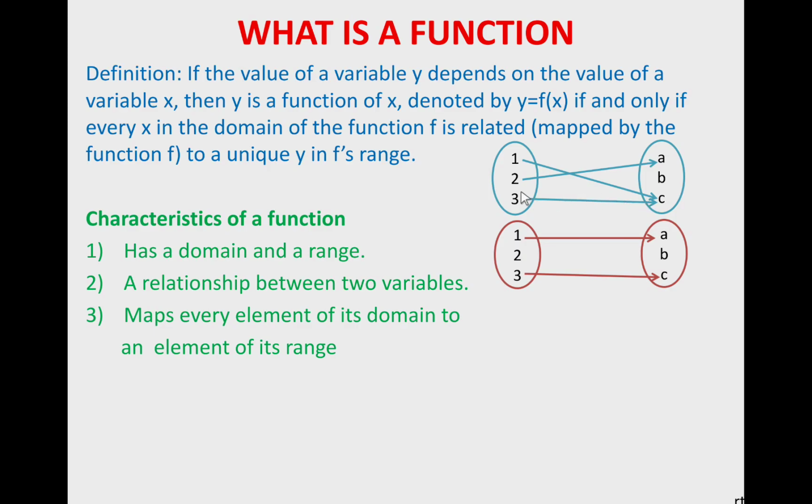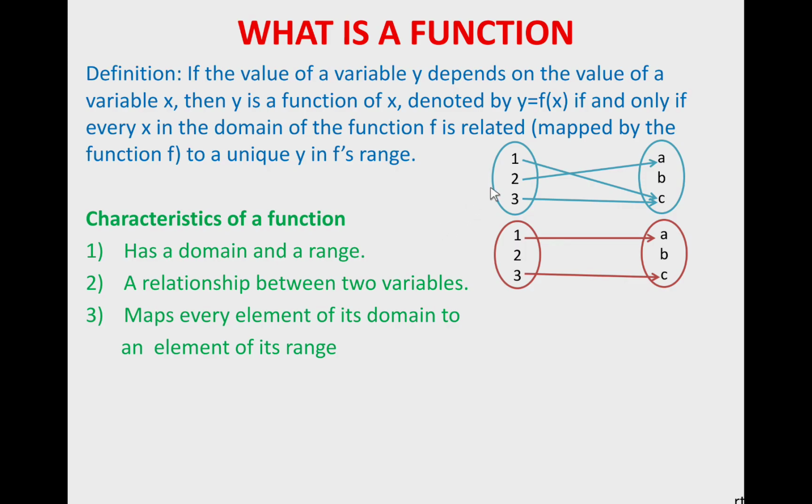So as long as none of these elements in the domain is mapped to more than one element in the range, then we can say that every element in the domain is mapped to an element in the range. So it maps every element of its domain to an element of its range. These three conditions are satisfied by this.